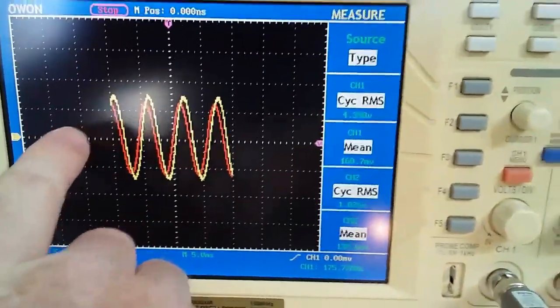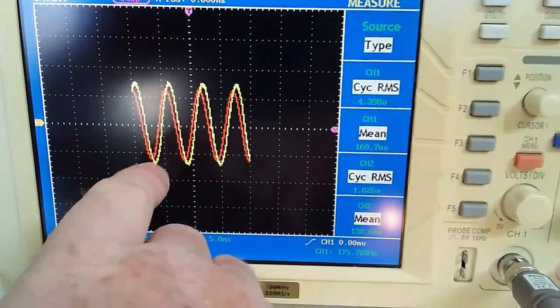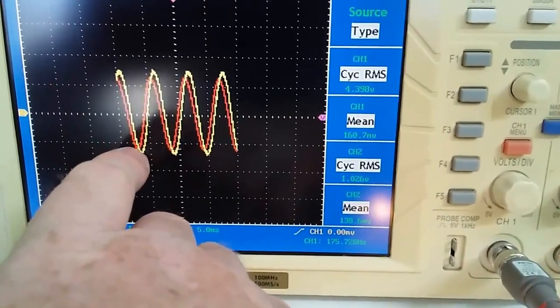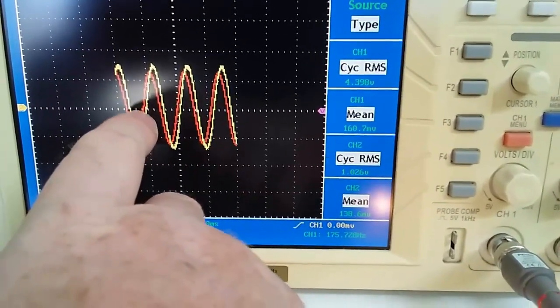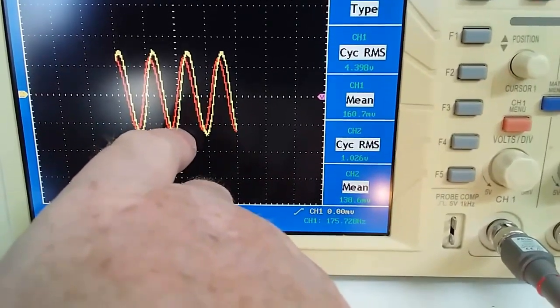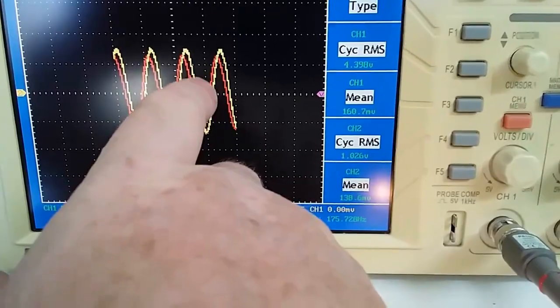So this is the scope's buffer. Now there's millions of points measured in here, but the points are only taken every now and again to write on the screen. So all the points are not displayed, it's only a series of part of the points. So there's millions of points that draw these waveforms.